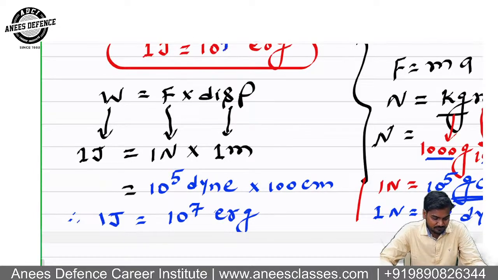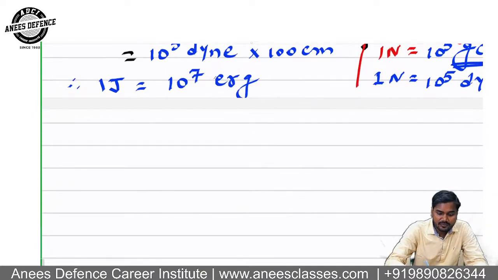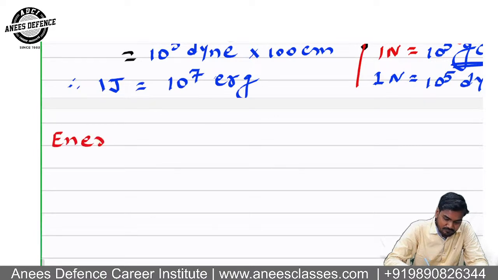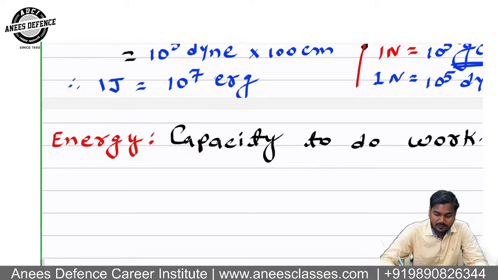Next, energy. So energy is nothing but the capacity to do work. Capacity to do work is known as energy.